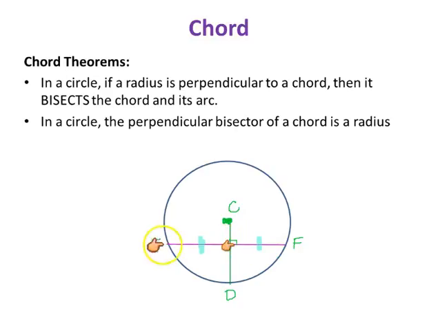So here to here will be congruent from here to here. I can label that and write that out. Let's call this point G. So we know that EG would be congruent to GF. It tells us then that the arc is also going to be congruent. So we would know that arc ED is going to be congruent to arc DF.